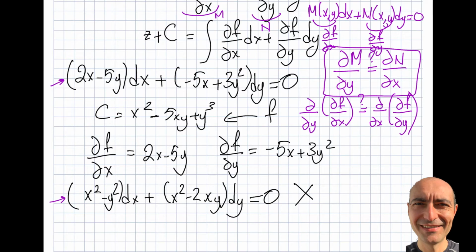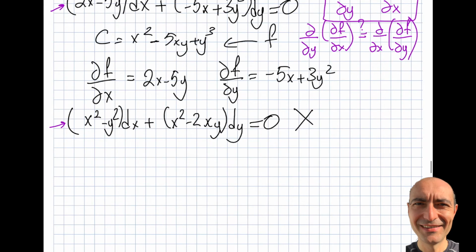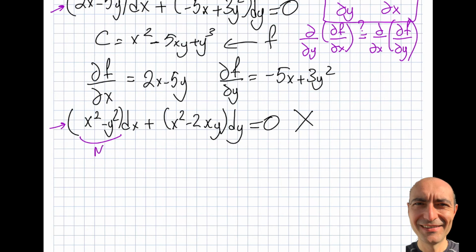Now I've answered question number one for all of us. I said that this doesn't exist, so why don't I demonstrate that? Whatever is in front of dx is called M, and whatever is in front of dy is called N. Now let's look at del M del y. Is it really equal to del N del x?